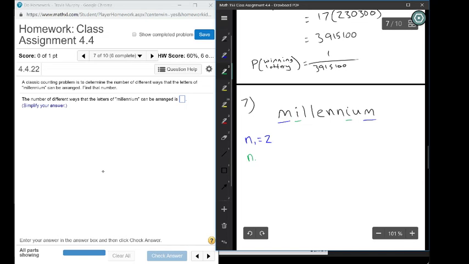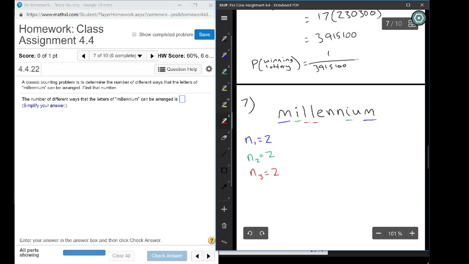So we have another repetition, and the letter L is repeated twice. Let me use a red here. So in 3, one object is repeated twice.